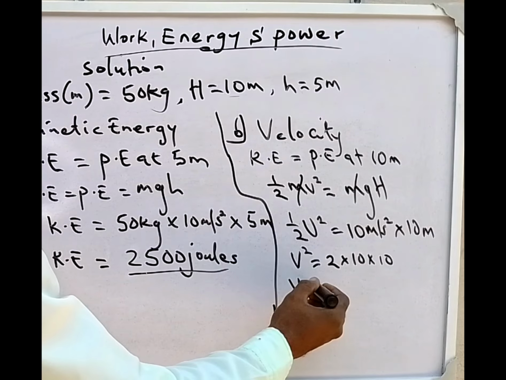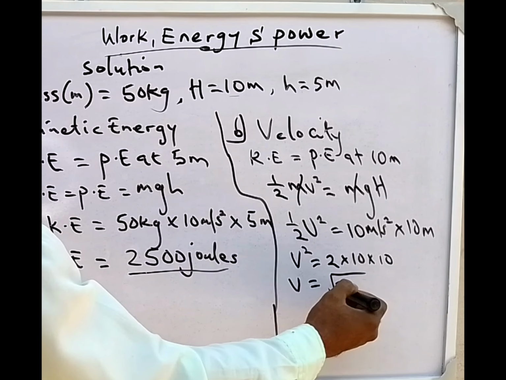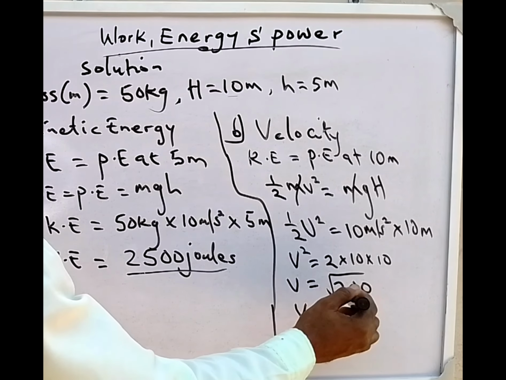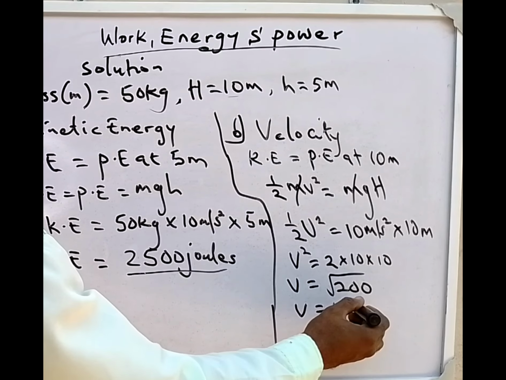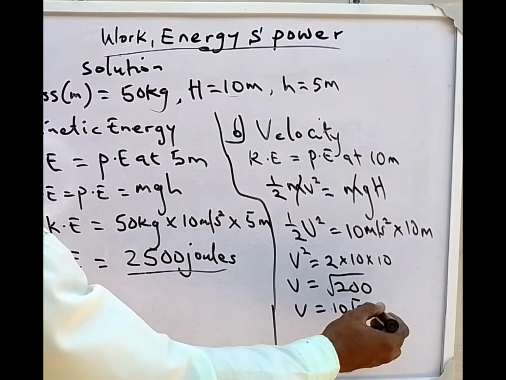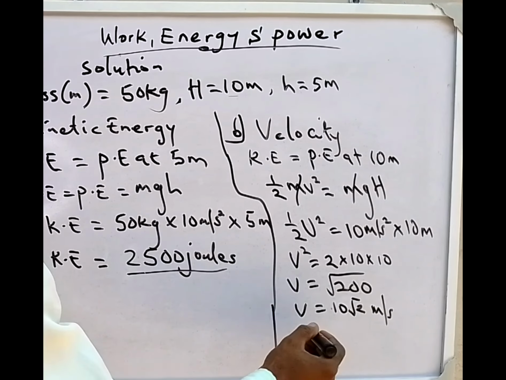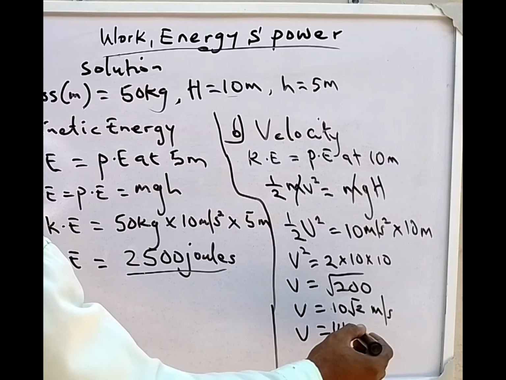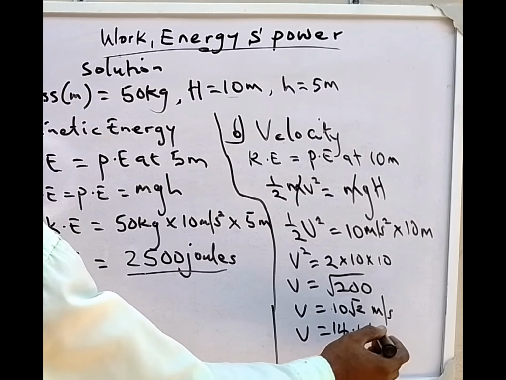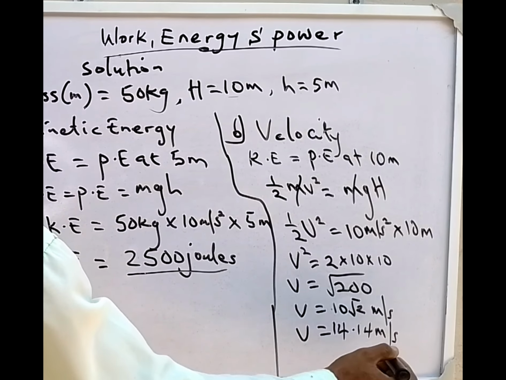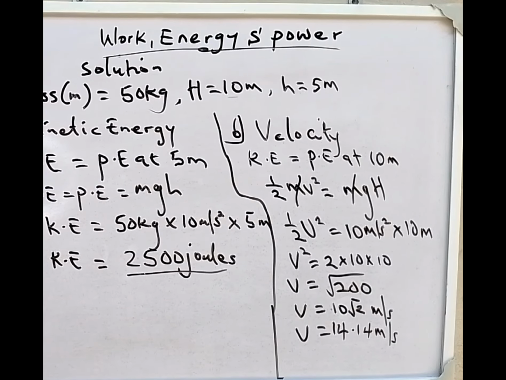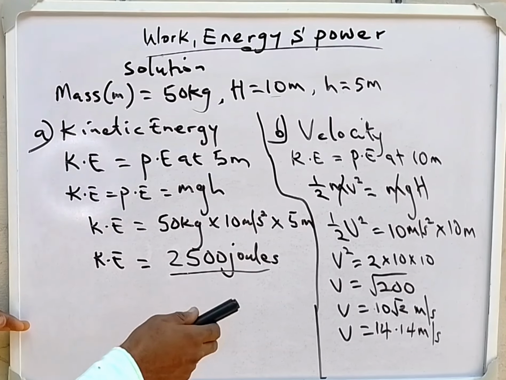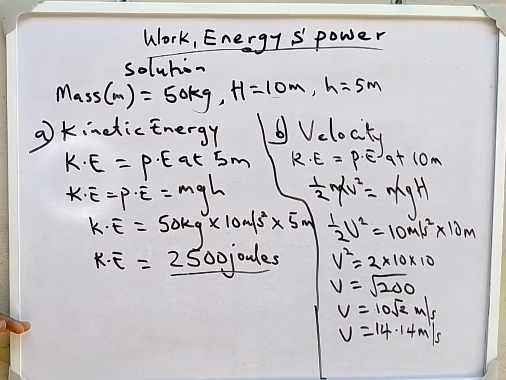So v is the square root of 200. In surd form, it is 10 root 2 meters per second, or you can just use your calculator and it becomes 14.14 meters per second.